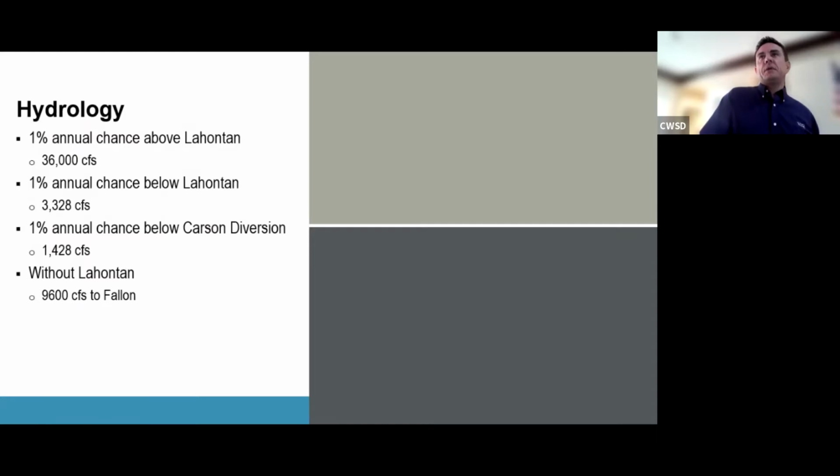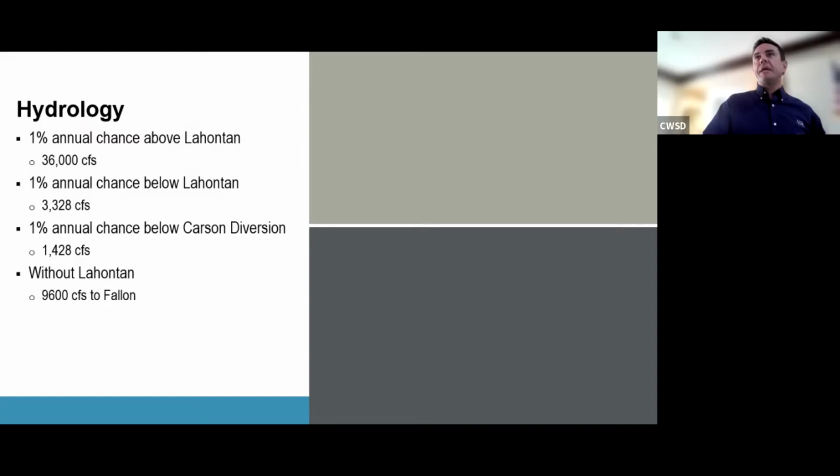So just to give you some scale on what the reservoir Lahontan does, the 1% or 100-year flow above the reservoir is 36,000 CFS. The 1% revised flow, or 100-year flow, below the reservoir is 3,300.